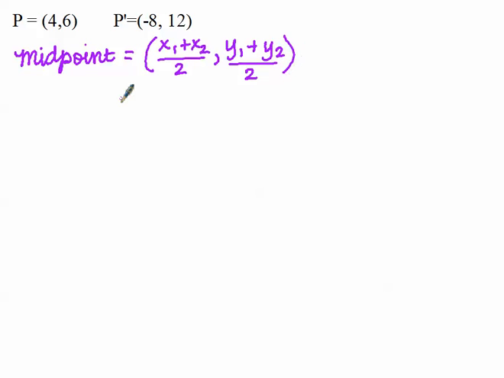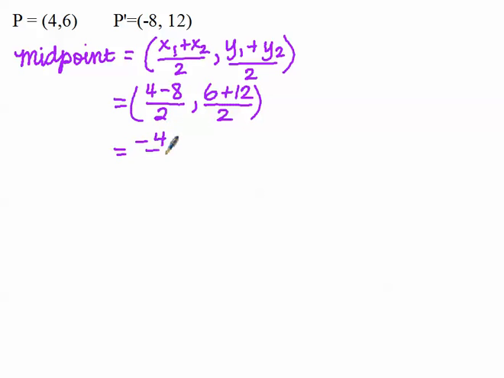Okay, so in this case, x1 is 4 plus negative 8 will make this minus 4 over 2, and on the y's, 6 plus 12 divided by 2. Okay, so my midpoint becomes negative 4 over 2, 18 over 2, or (-2, 9).